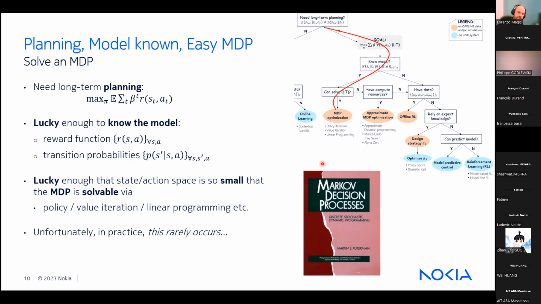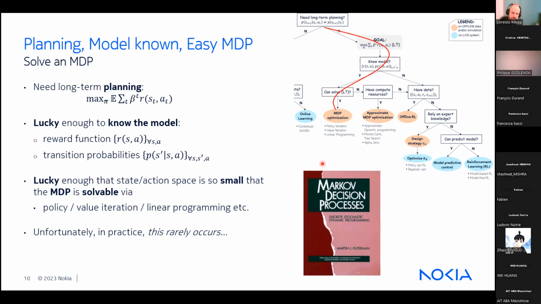Unfortunately, in practice, this rarely occurs, and I was disappointed enough to realize it after my PhD, because I thought that what I had learned could be applied everywhere. Not always, clearly, because the curse of dimensionality easily kicks in.